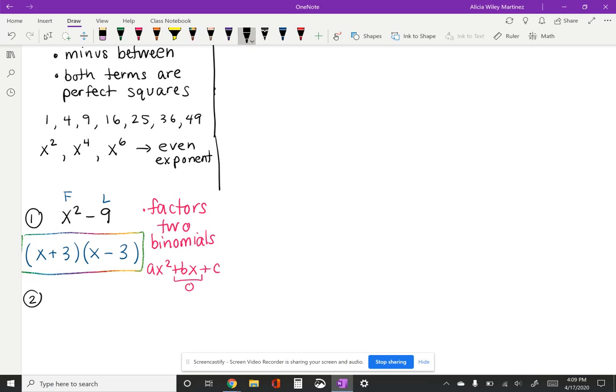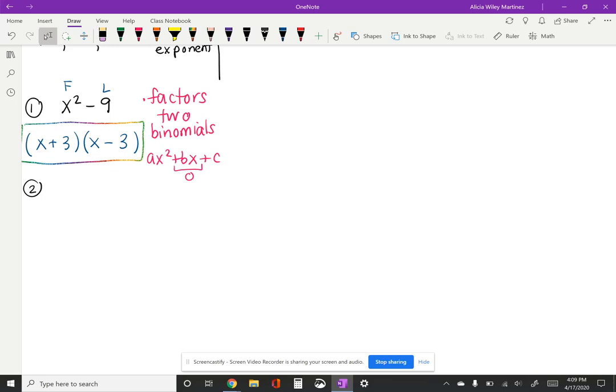In example 2, we have 4x squared minus 1. Everything in this problem is a perfect square. 4 is a perfect square, x squared is a perfect square due to the even exponent, and 1 is also a perfect square. So I know that this is going to factor into two binomials because it is literally the difference of two perfect squares.